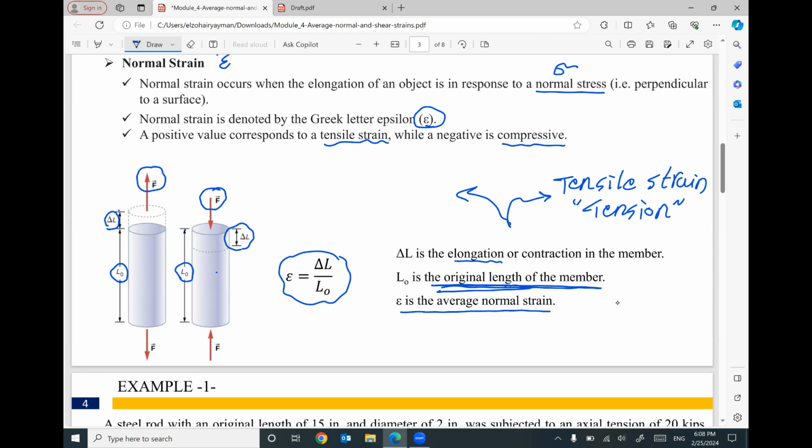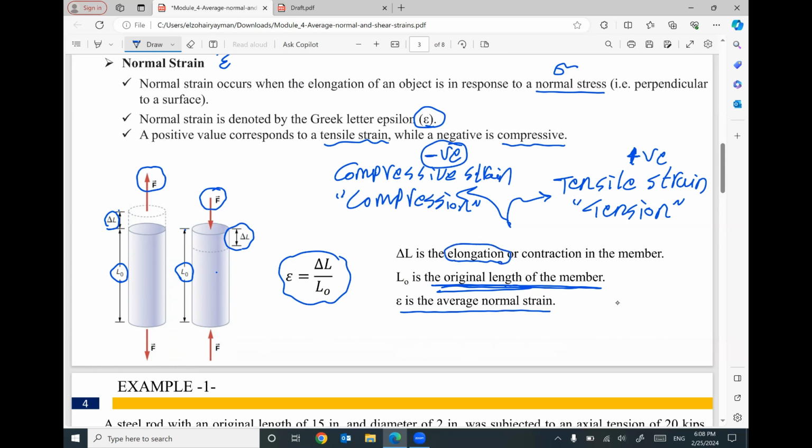And this strain can be compressive strain if the applied force is a compression force, or the applied stress is compressive stress. Tensile strain means positive, compressive strain means negative. So keep in mind the new deformation, elongation or contraction, divided by the original length of the member.